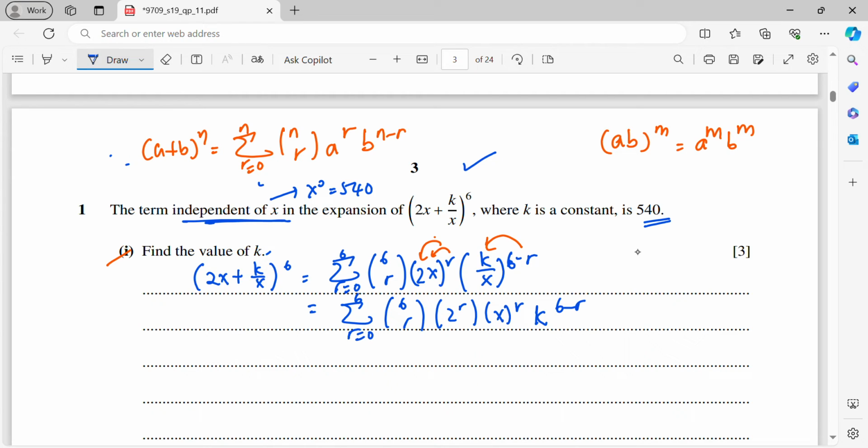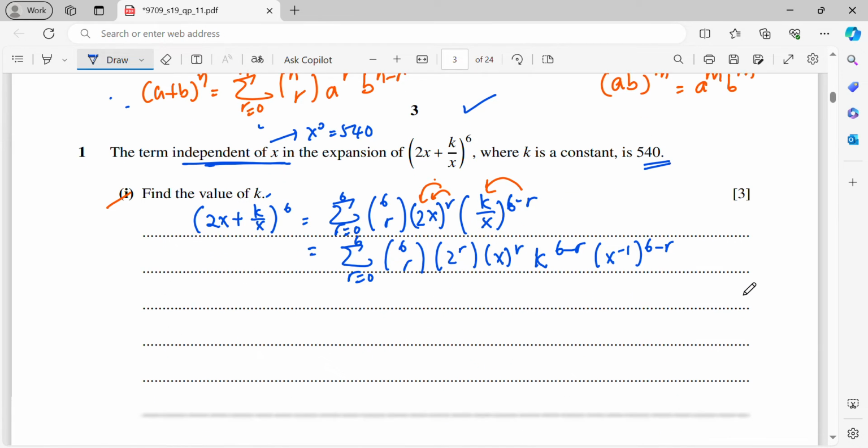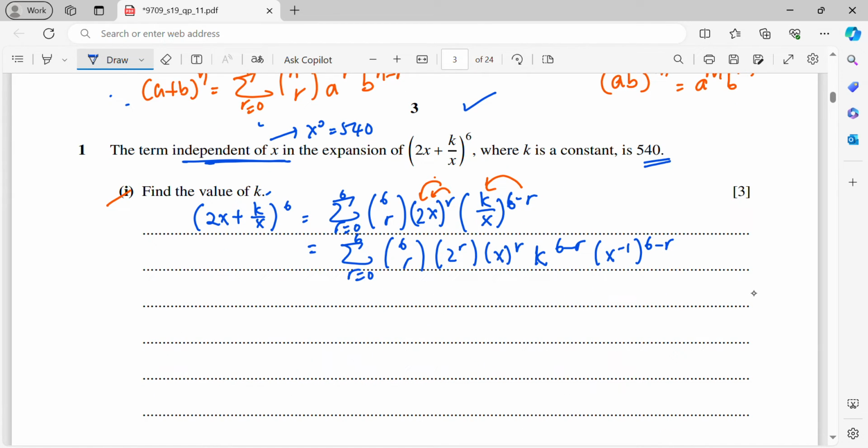Alright, so therefore I will move it up to become x power -1 first, with the degree of x being 6 minus r. And now, term independent of x is referring to x degree 0. So now I will just consider the total degree on the right hand side.